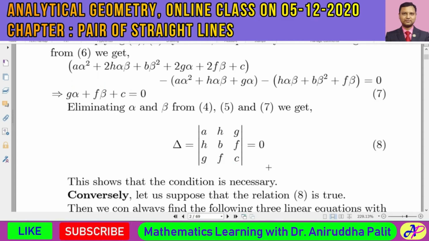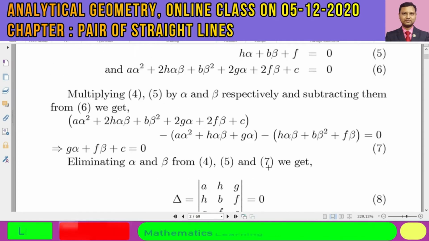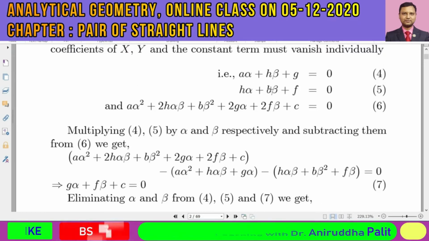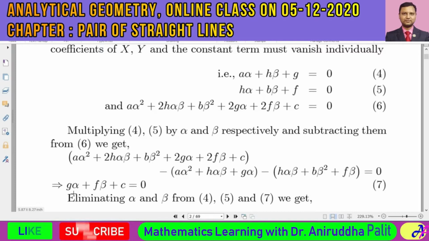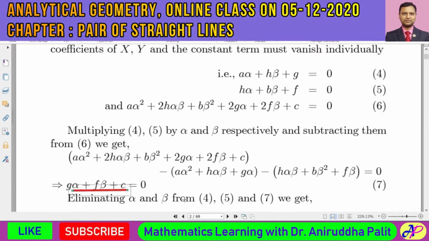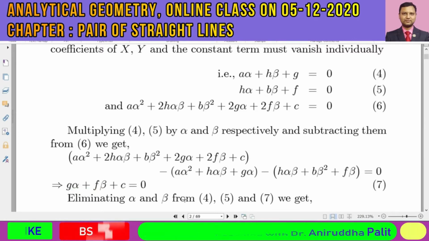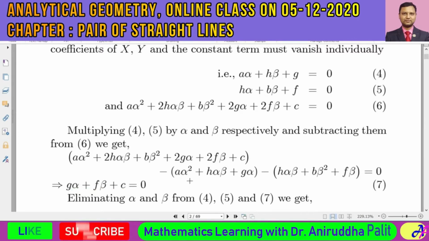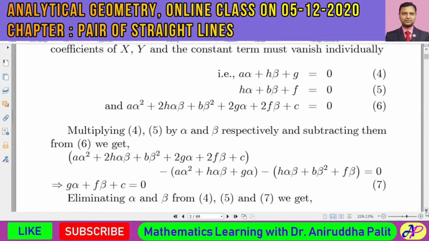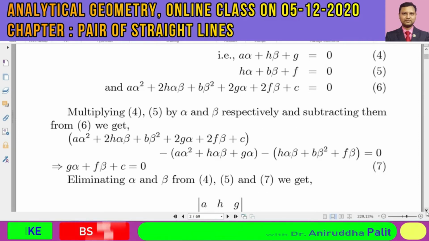So in brief, we are computing the values of alpha and beta, and after that we are putting the values of alpha and beta in this equation. So that means we are actually eliminating the quantities alpha and beta. Always remember that if we want to eliminate two unknown quantities, we always need three equations.